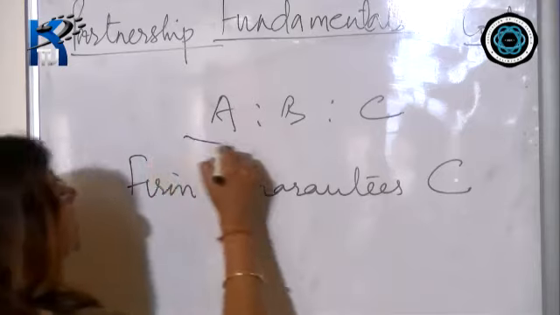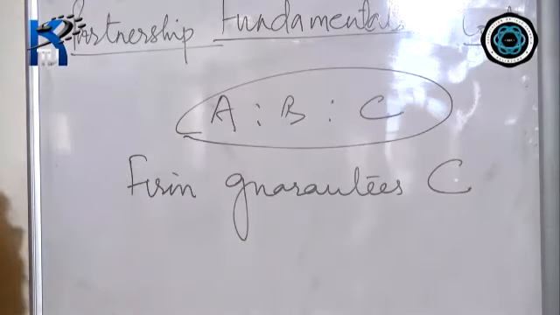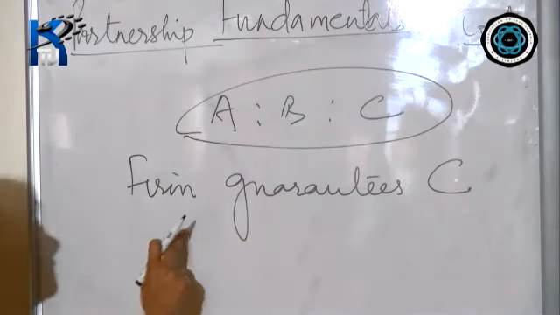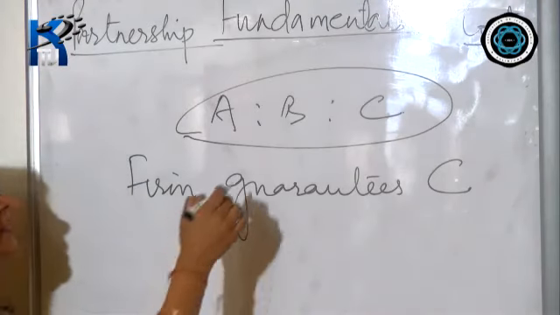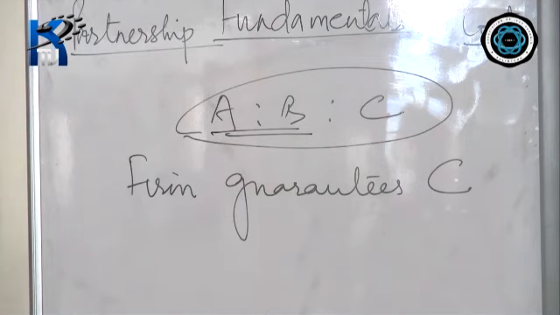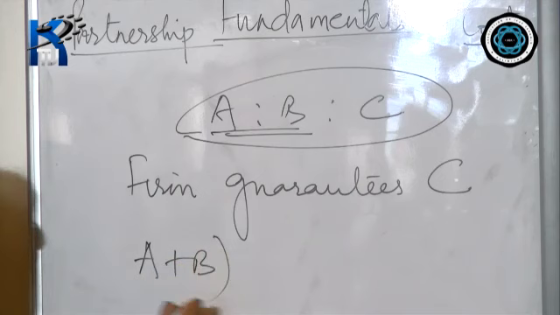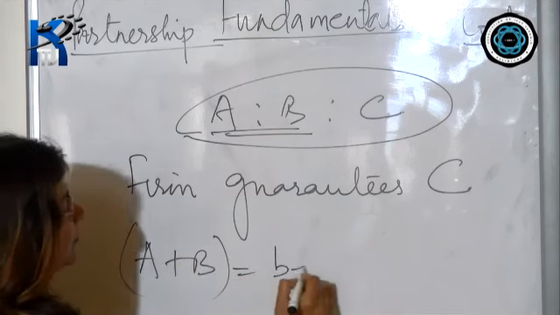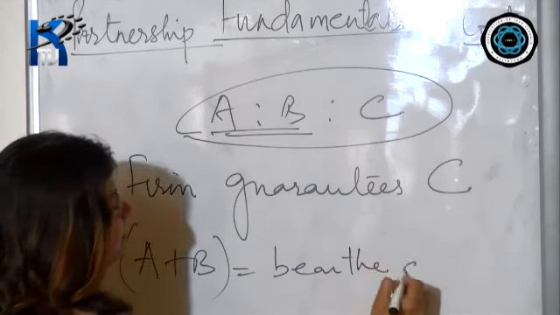A firm comprises of all the partners here. Who is being guaranteed? C is being guaranteed. That means the remaining 2 partners, they represent the firm in this case, and both the partners will bear the deficiency.